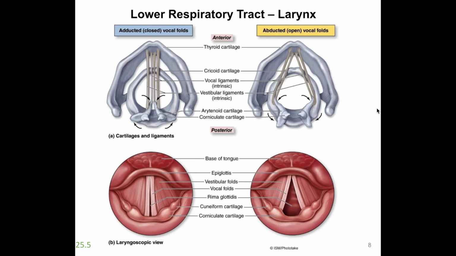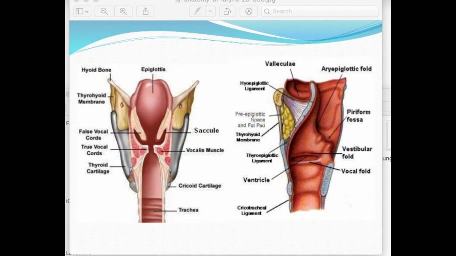So I'm going to switch to a different view here and show you this from the side. This grainy picture here is showing you that view from the side. So you were looking down into the larynx from the top.